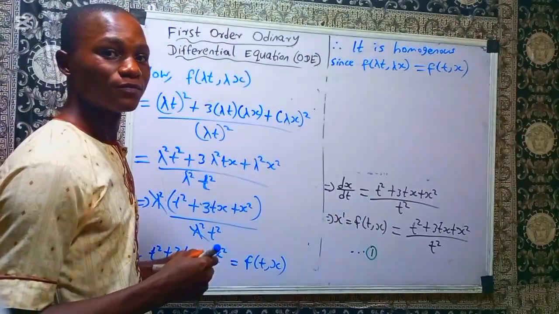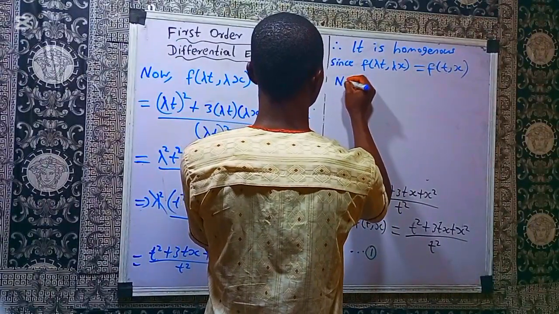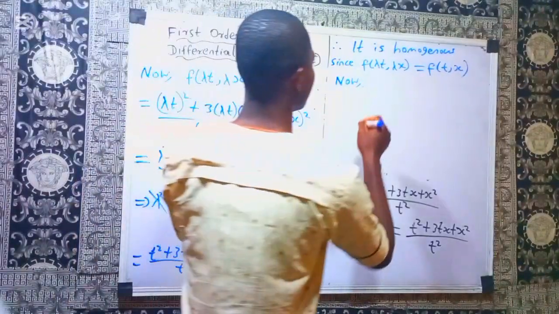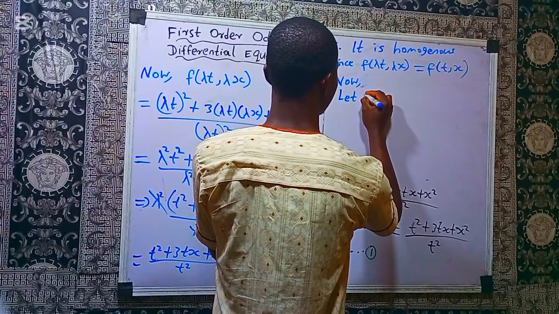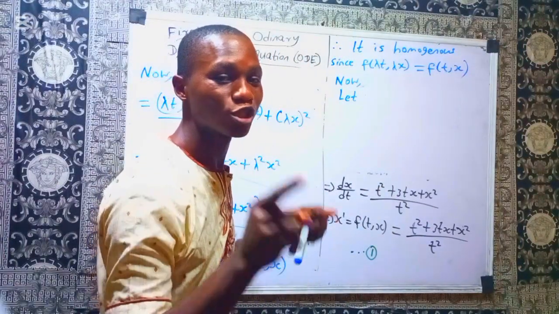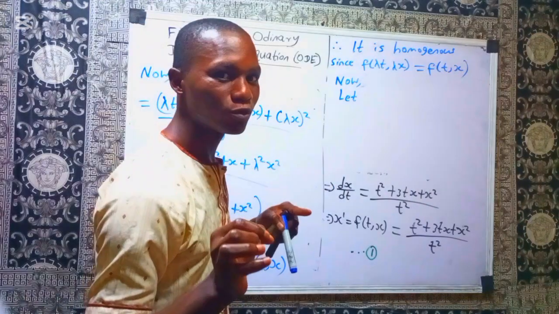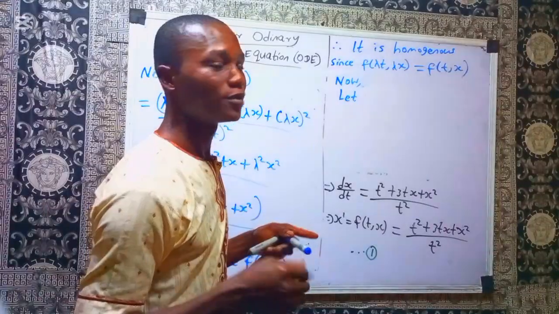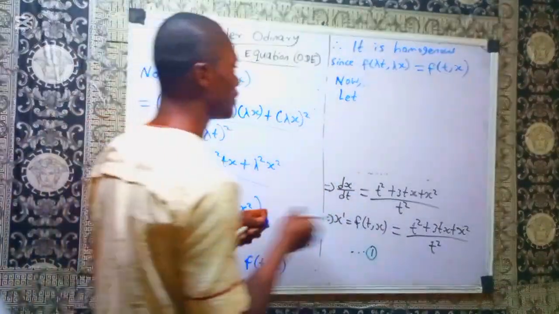So we now solve. Now, we want to solve it, right? What's the change of variable? Your dependent variable, you are going to say, let your dependent variable be equal to the independent times another variable.